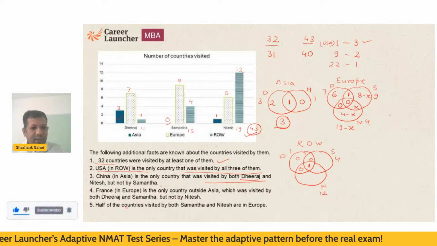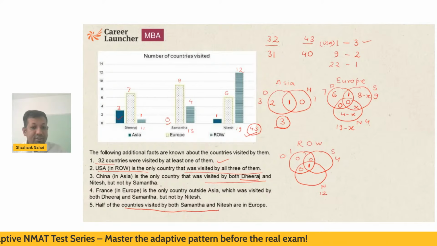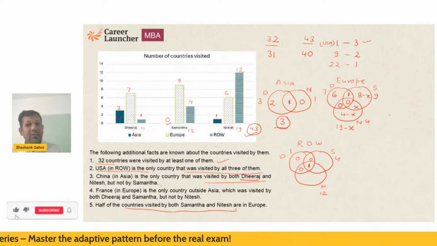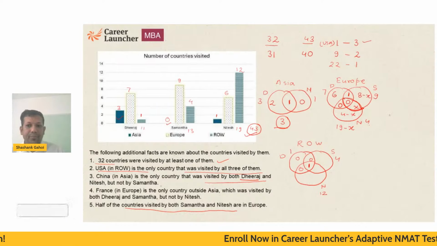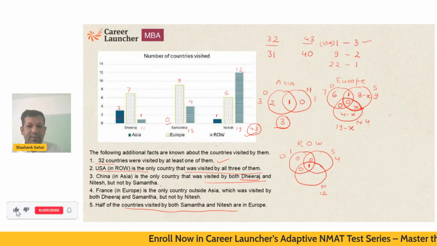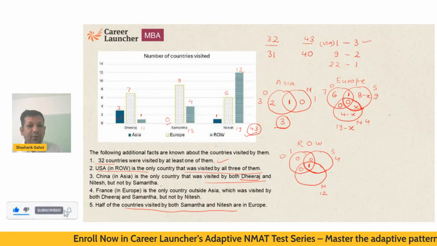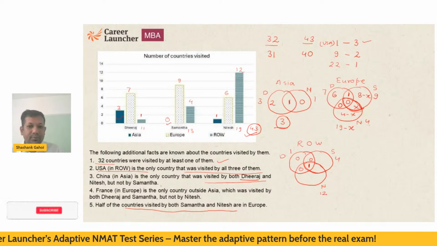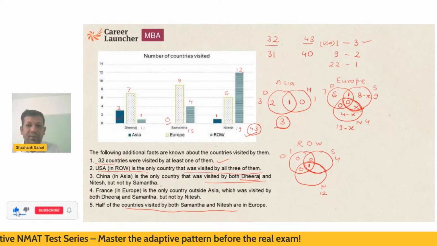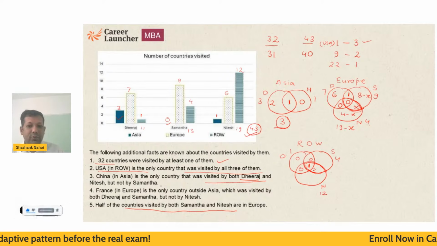Now, if I look at the last point, half of the countries visited by Samantha and Nitesh are in Europe. So for Nitesh and Samantha, the total intersection is this, and half of it means this value should be equal to this value. If this is x, then this whole value should be x. So if this is 1, this should be x minus 1.